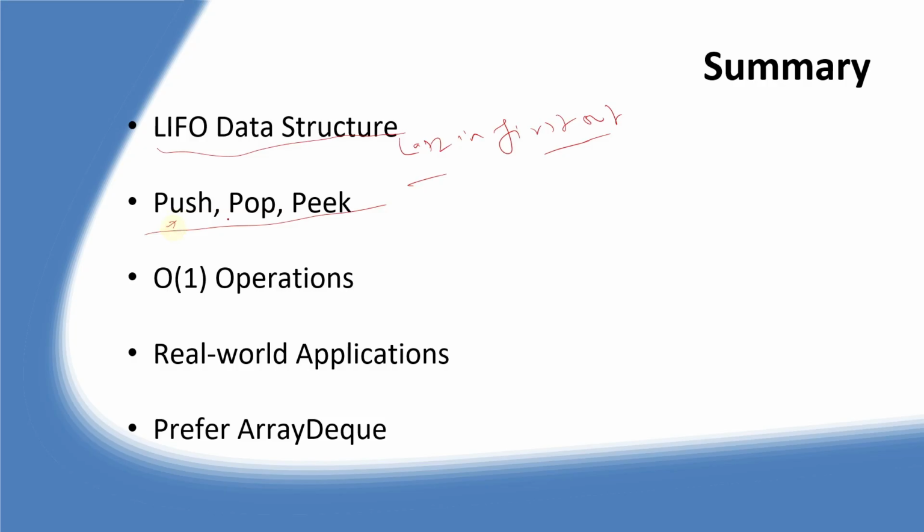Push is for adding an element to the top of the stack, pop is for removing the element from the top of the stack, and peek is for viewing the topmost element of the stack. Push, pop, and peek have O(1) time complexity, whereas for search, time complexity is O(n), because it has to traverse through each element. And we have seen real world applications, and ArrayDeque is preferred over Stack nowadays.